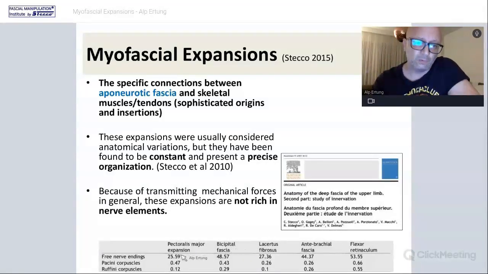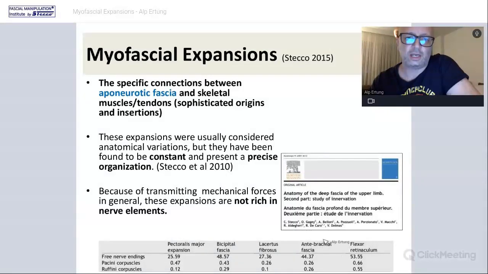So when we see that, we have the free nerve endings, Pacini corpuscles, Ruffini corpuscles. When we compare them, we see a similar amount of free nerve endings in the lacertus fibrosus and pectoralis major expansion, and Pacini and Ruffini corpuscles are much fewer here.